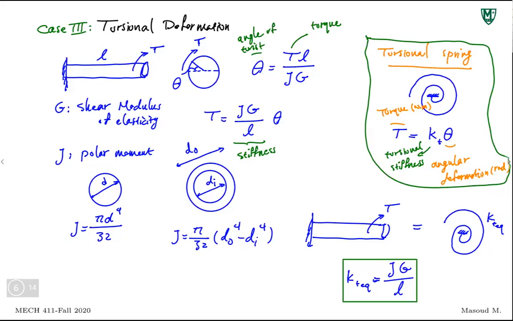Hopefully that makes sense. Now, to get a better sense of it, I highly encourage you to look at this example in your book. Look at example, I think, let me double check.